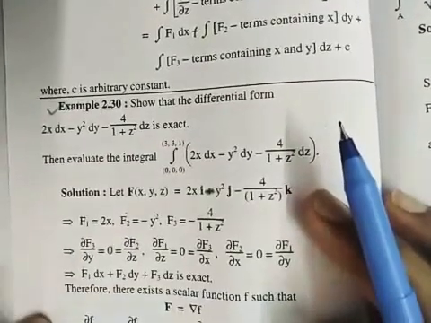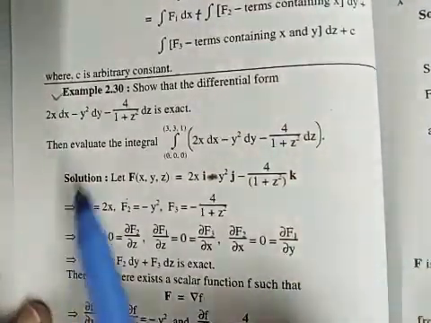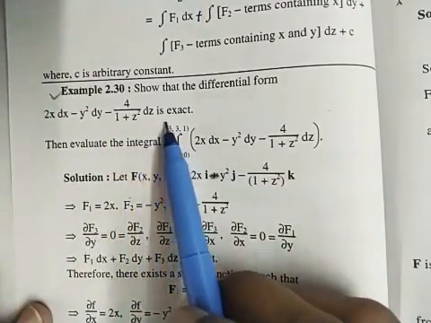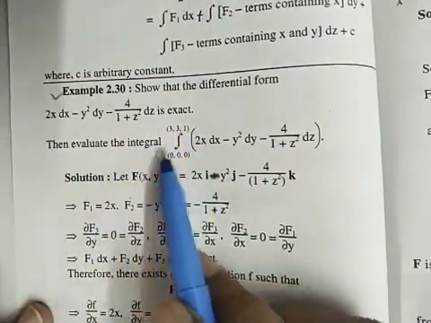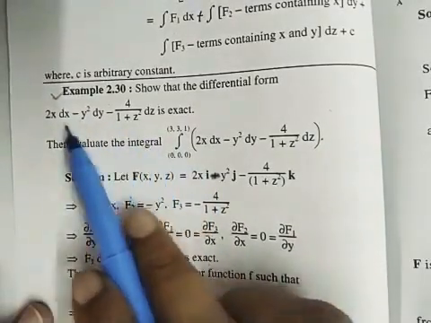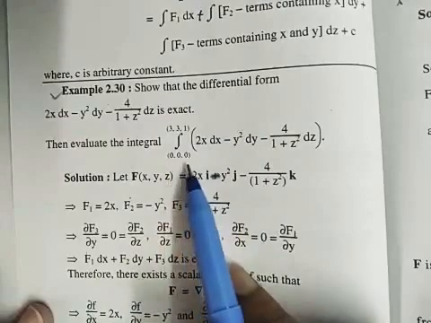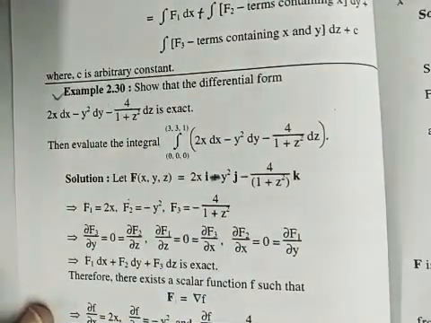Show that the differential form 2x dx minus y square dy minus 4 upon 1 plus z square dz is exact. Then evaluate the integral of this function over the path from (0, 0, 0) to (3, 3, 1).